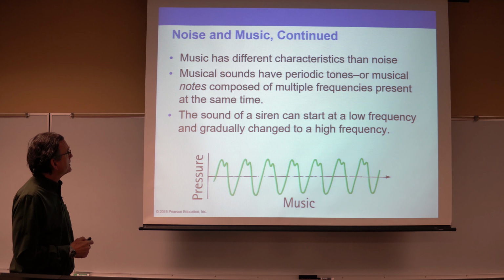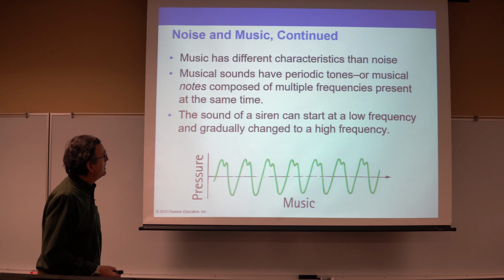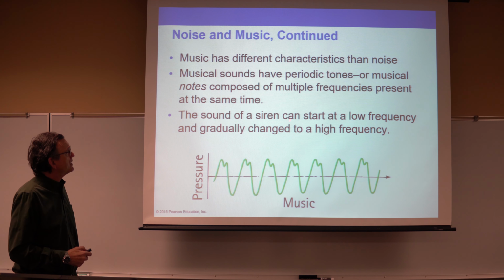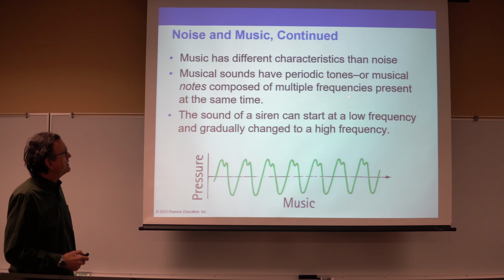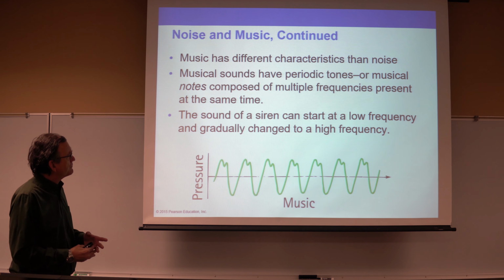The primary effect of musical sounds is that they have periodic tones, or what we might call periodic intensities, which are composed of multiple frequencies that are present at the same time. But these multiple frequencies have to be brought together in a special way to create the sensation of music as opposed to just a pure sound or noise.